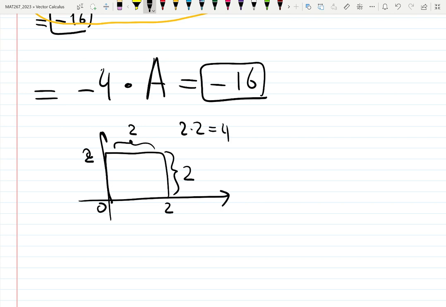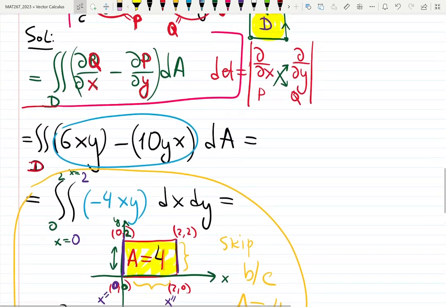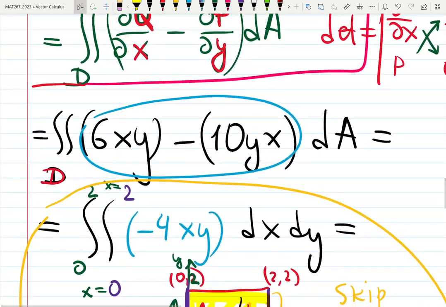Make sense? Well, my question was like, once you have the area, then how do you know to multiply it by minus 4? That's a good question as well. Okay, this is what I will tell you. Just a second. Let me concentrate. Okay, I'm ready.